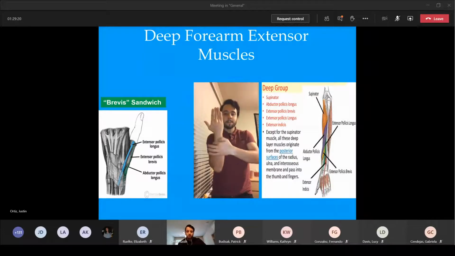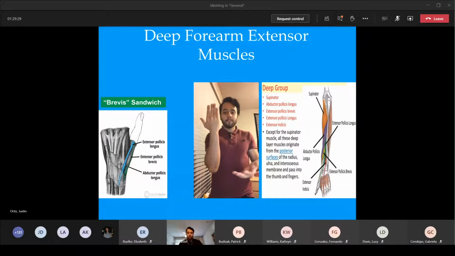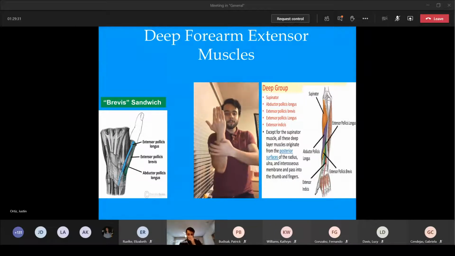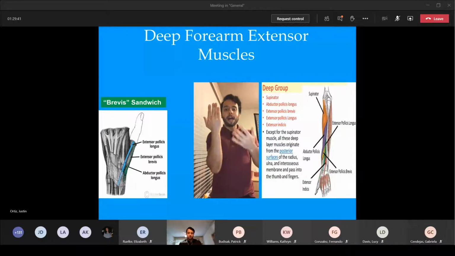On the lateral side, the most lateral deep posterior forearm muscle that we're going to talk about is going to be the anatomical snuff box. Specifically, the first muscle on the lateral side is the abductor pollicis longus. It's going to abduct the pollicis, which is the thumb.